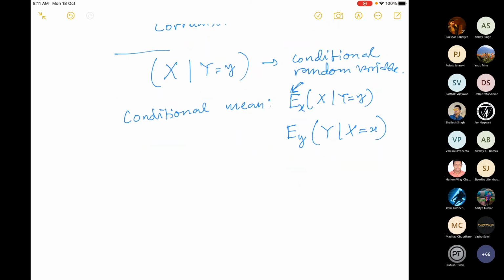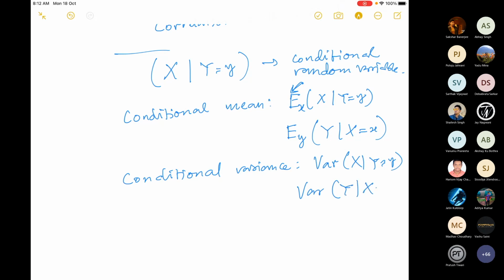And then we also defined what is called conditional variance. The variance of X given Y equal to some small y, or just the variance of Y given capital X equal to some small x.